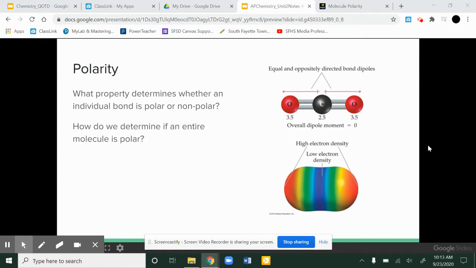The topic of polarity is a little bit easier to wrap your mind around if you understand molecular geometry. A single covalent bond can be polar, such as a carbon bonded to an O, right? O is more electronegative and is going to pull electron density towards it.